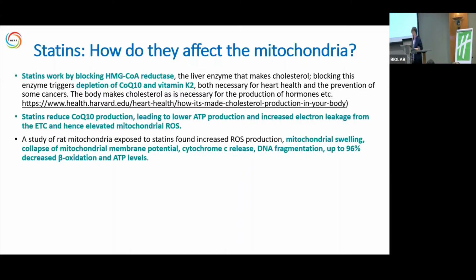Statins. Hardly surprising then that some scientists have referred to them as mitochondrial toxins.